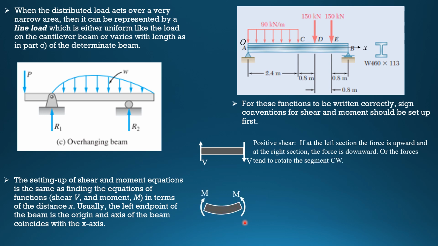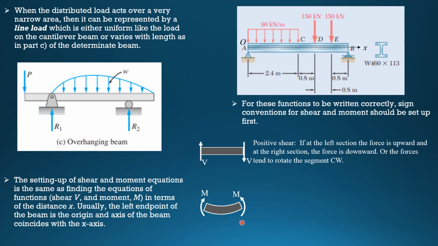Then for positive moment, if the bending of the segment of the beam causes the beam to have this shape, a smiley shape, then that's positive. It means that at the left section the moment is clockwise and at the right section it is counterclockwise. Or if the top fiber of the beam is compressed and the bottom fiber is stretched, so this is in compression and this is in tension.